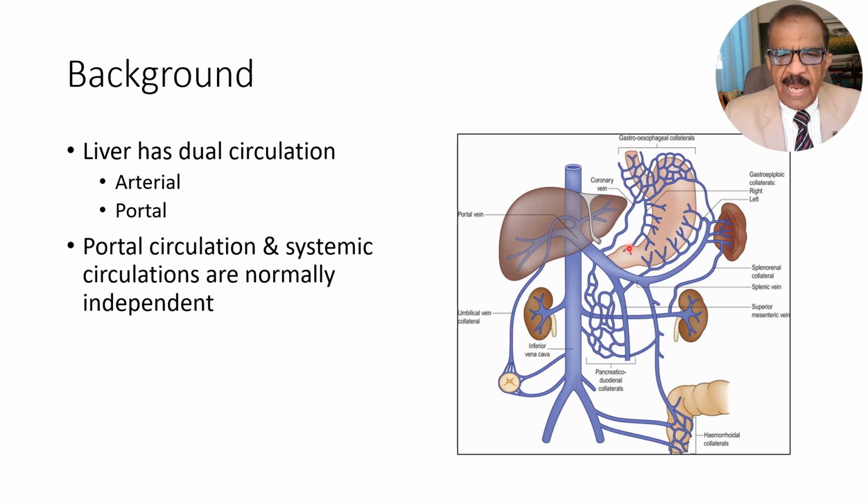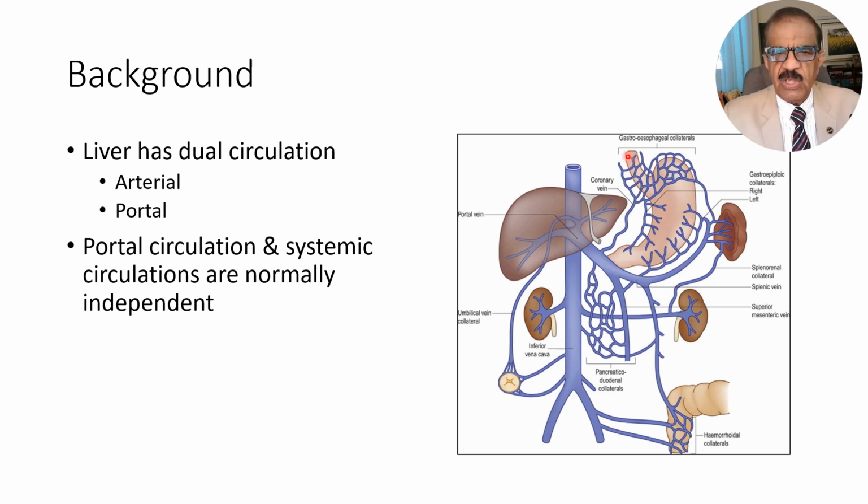But the stomach and the intestine absorb nutrients, so the blood which drains the stomach and the duodenum has to go to the liver because the nutrients are to be further processed. But the blood from the lower part of the esophagus has to go to the systemic circulation because the esophagus does not have any digestive function. So both these circulations, although they are connected with small vessels, remain independent.